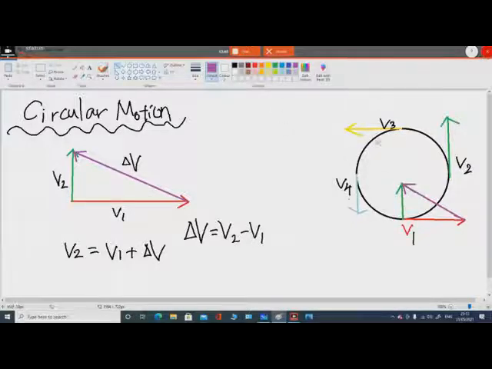Let me draw another vector diagram for V2. I drag this V3 to V2 here, and of course the direction of V3 must be the same as this one. So this will be my change in velocity.